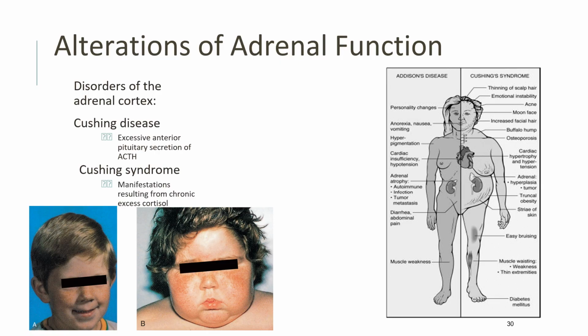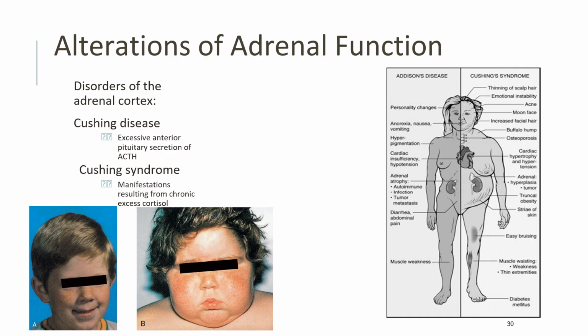Let's look a little bit more in depth at some different disorders. Addison's and Cushing's, you can compare and contrast with the depiction on the right. Probably the most common picture is this one of this little boy. I think I've seen it in every patho text since I've been in school from the 90s, and it's actually the same child, believe it or not.